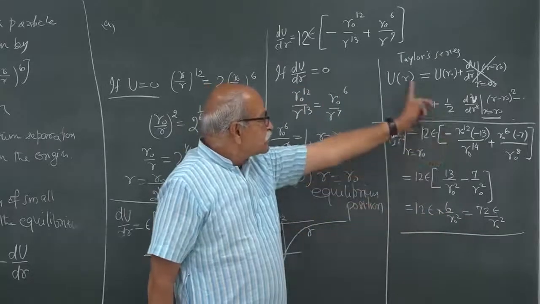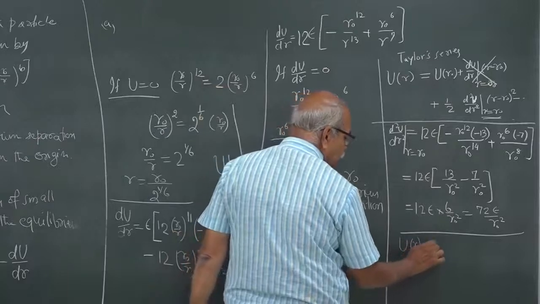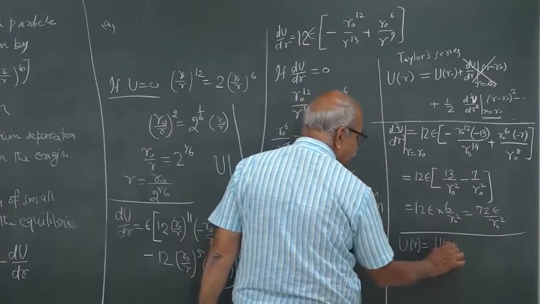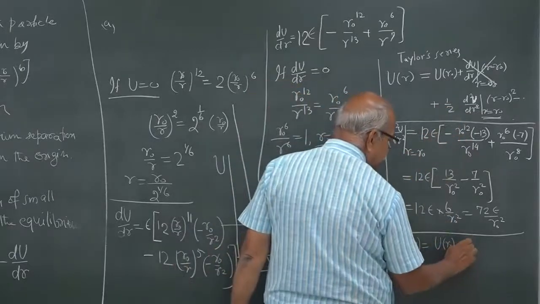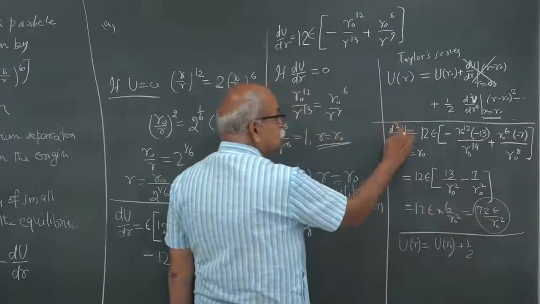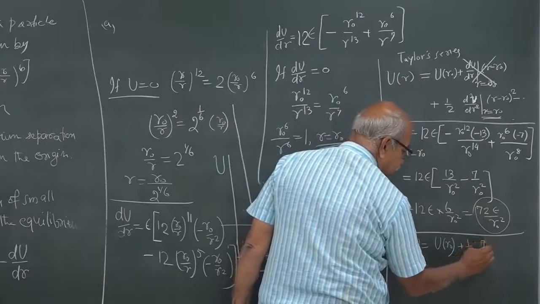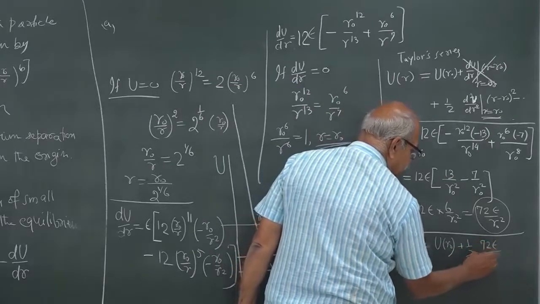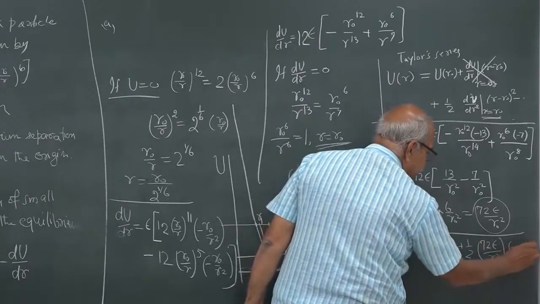Now, look at this term: u r is equal to u r naught, plus half of this quantity d2u dr square at r equal to r naught. So, that is 72 epsilon divided by r naught square, and then r minus r naught square.